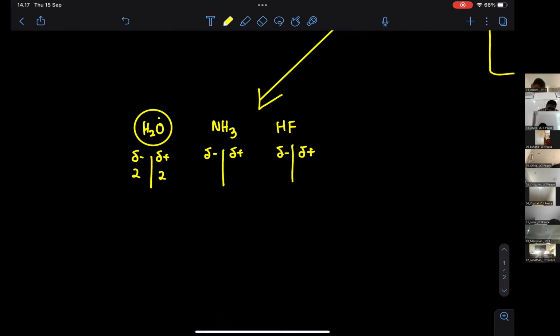For ammonia, you have one lone pair and three hydrogens. And for fluorine, you have three lone pairs, and this is one hydrogen.